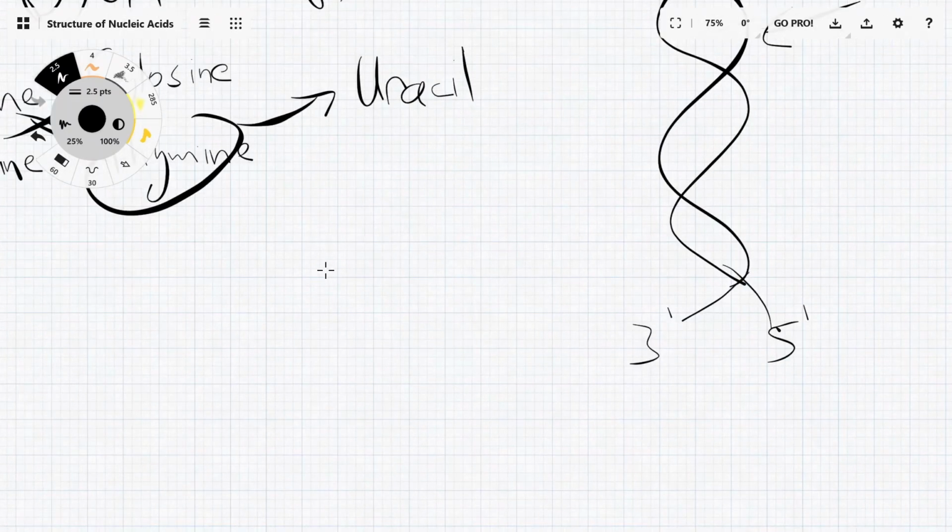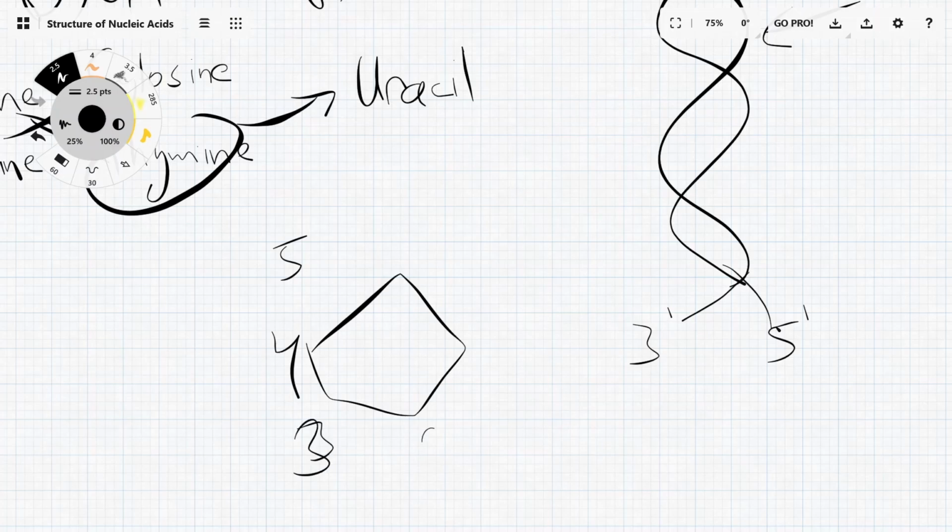So what does this mean? So when we have our pentose sugar, so 5, 4, 3, 2, and 1. This is the 5' end, and this is the 3' end.